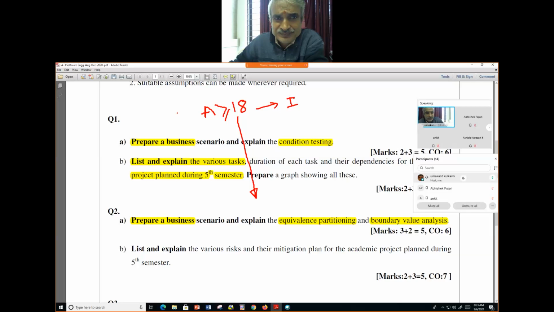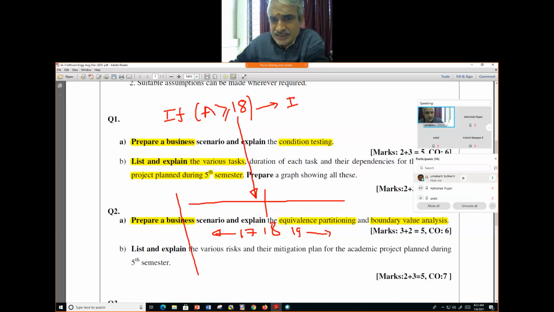You write if a is greater than or equal to 18, you do this. Now, a is an integer value. Here is 18, here is 17, and here is 19. This kind of diagram is necessary.